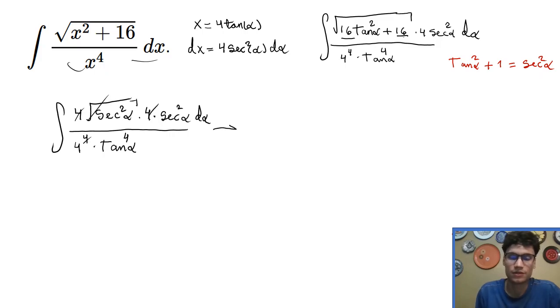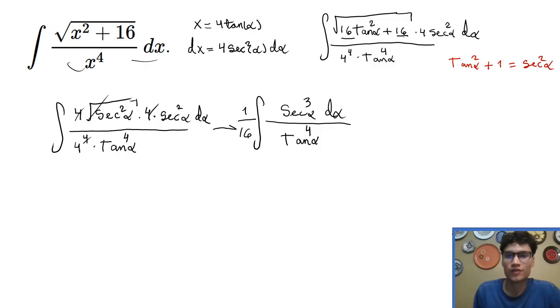So here will remain 16, and we can extract that 16 from the integral, and we group the secants. We get secant cubed alpha divided by tangent to the 4th power of alpha, d alpha.